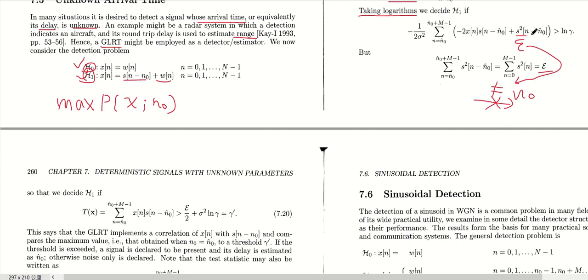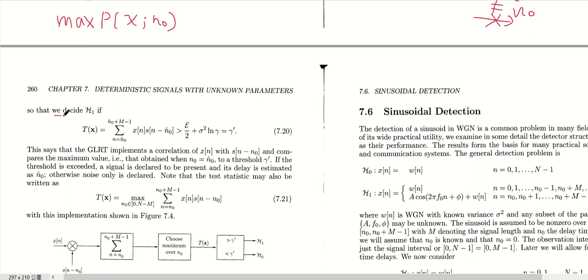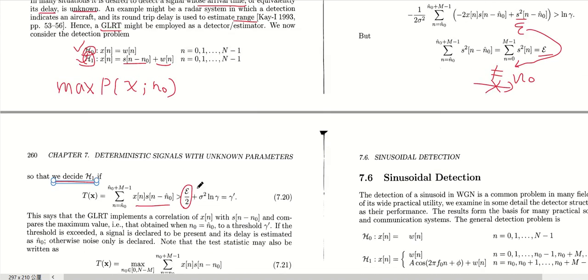As a result, that term can be taken out without any relevance. So we decide H1 if this is larger than something. And then that thing, when you take it out and put it on the right hand side, becomes a constant term. So eventually you get this term only, because this term is what eventually stays.